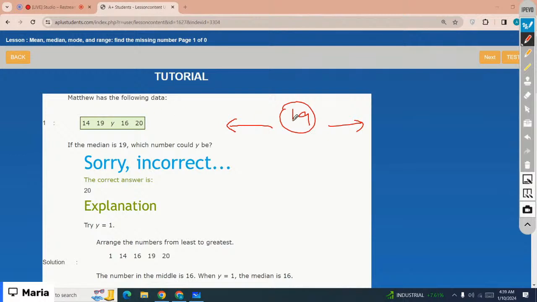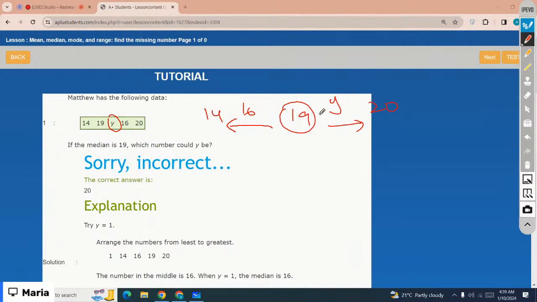So greater than 19 is 20. 14 and 16 are less than the median, right? So that means y must be a number that is greater than or equal to the median, because the question says the median is 19.